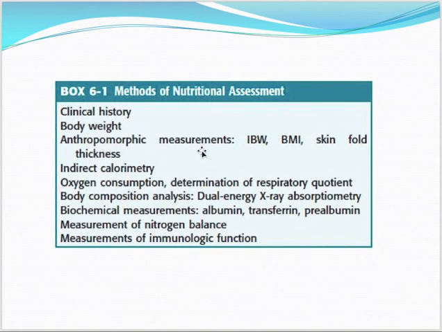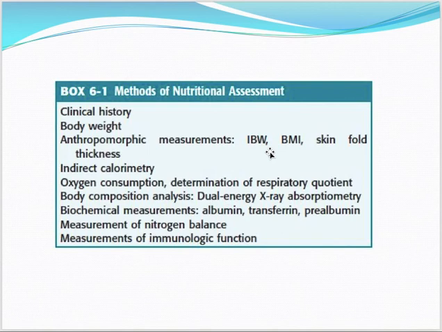anthropometric measurements. IBW is basically ideal body weight, right? And then there is BMI, which is body mass index. I think almost everyone, even the layman, the non-doctors, knows what BMI is these days. We take the weight and check the height, and then we calculate the BMI.